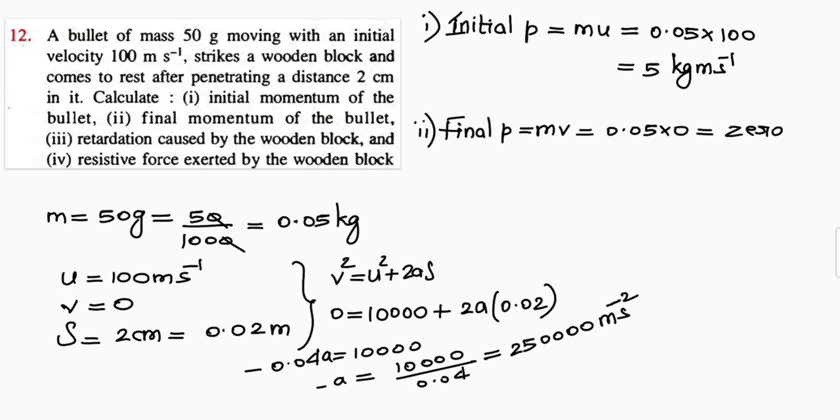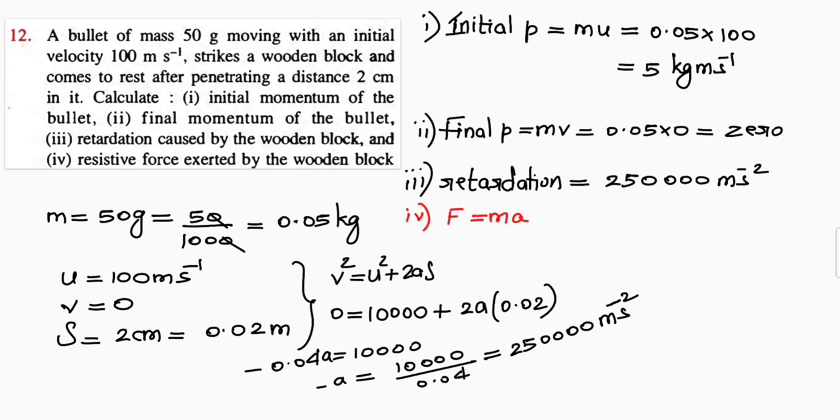Retardation. Minus A is called as retardation. So if you want to write the answer, so the third answer will be retardation will be 250,000 meters per second square. And the last part is force. Force is equal to mass into acceleration. Substitute the values, and that's 12,500 newtons.